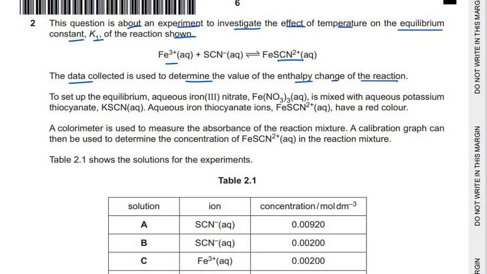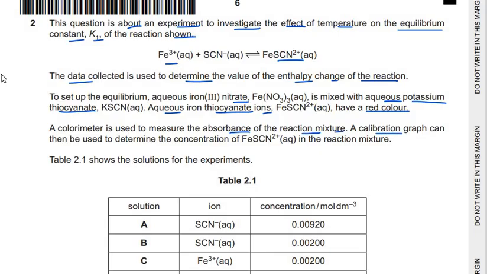The setup of the equilibrium: aqueous iron(III) nitrate is mixed with aqueous potassium thiocyanate, and the aqueous iron thiocyanate ions have a red color. A colorimeter is used to measure the absorbance of the reaction mixture.